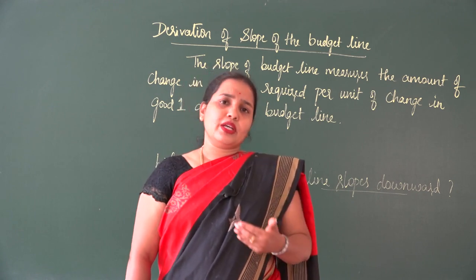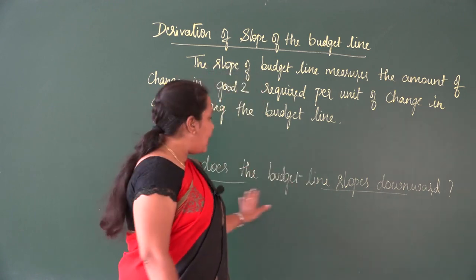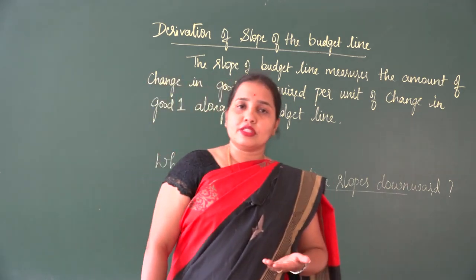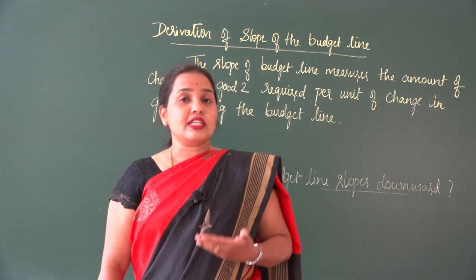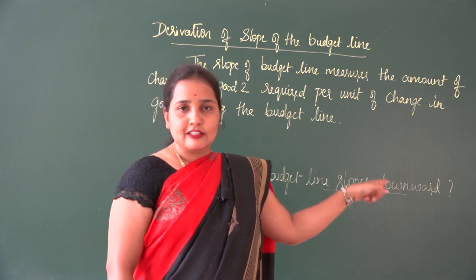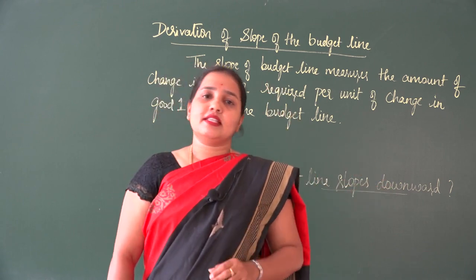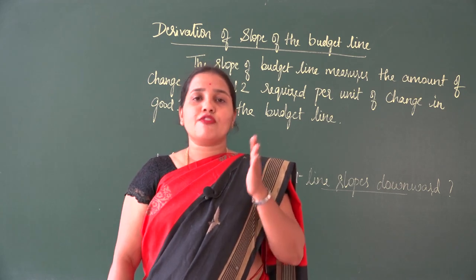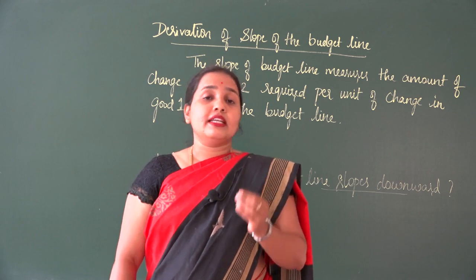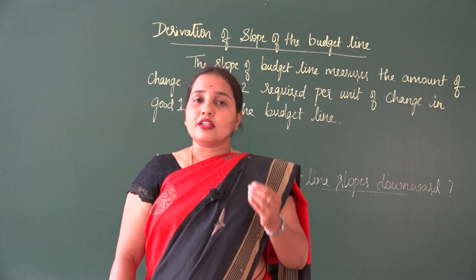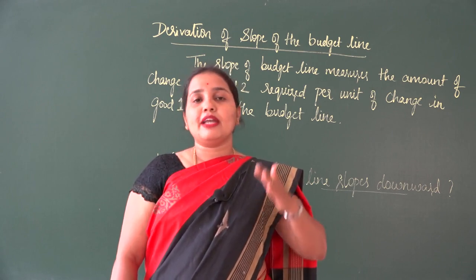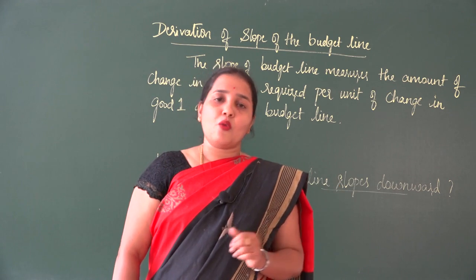And another question that arises here is, why does the budget line slope downward? You need to answer this question, student. Why does the budget line slope downward? When you see the diagram, you can see that the budget line slopes downward. We must understand that the quantities of commodities, that is good 1 and good 2, are limited in reality. Not only that, even the consumer has a limited or fixed money income to spend on the 2 goods that are available.